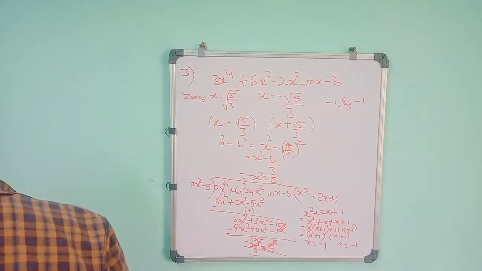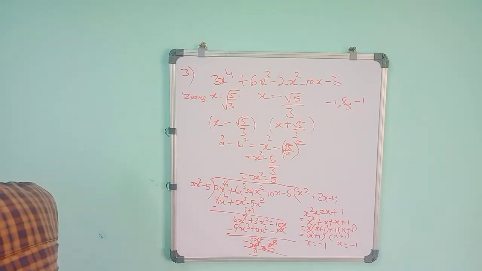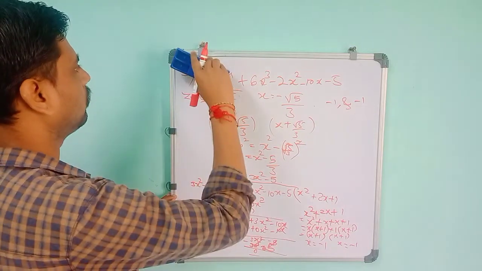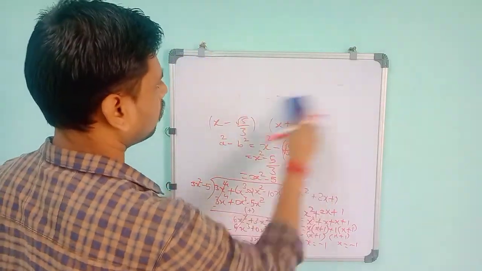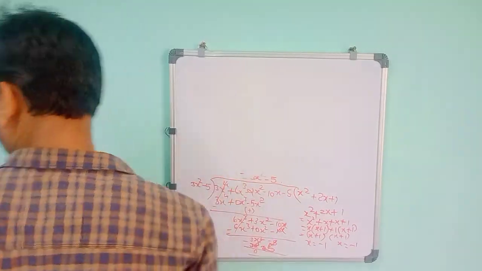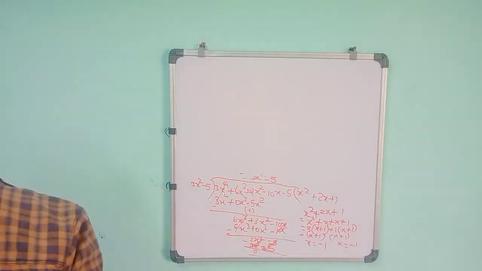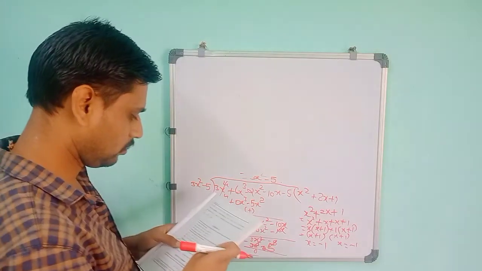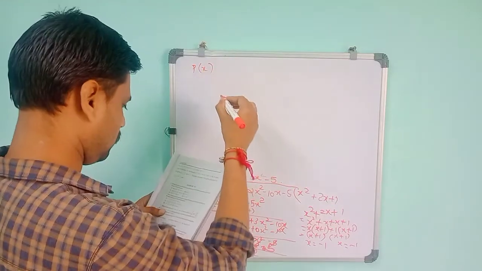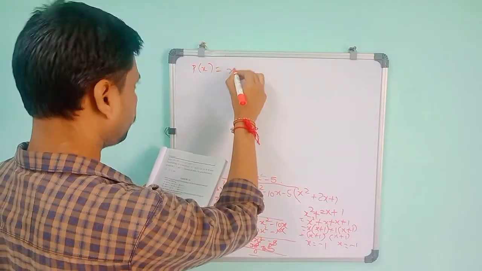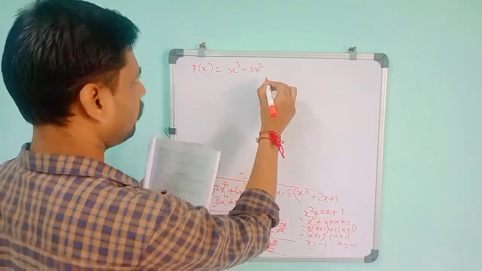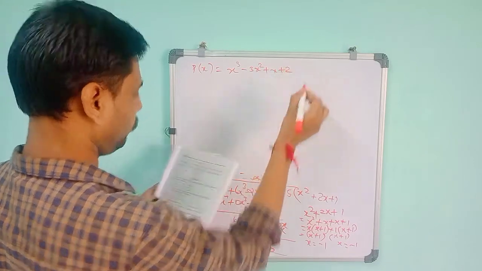Next problem. They have given you p of x, which is x cube minus 3x square plus x plus 2.